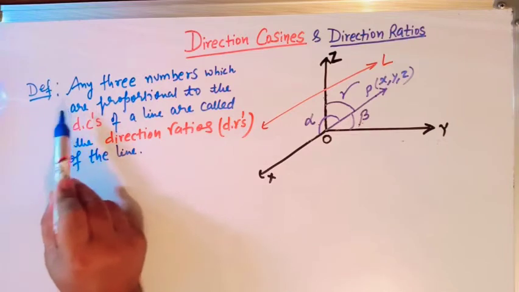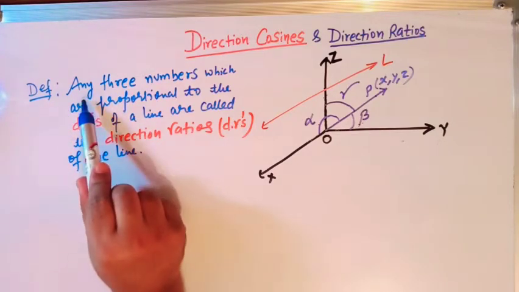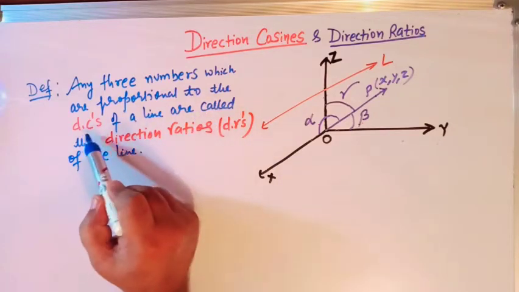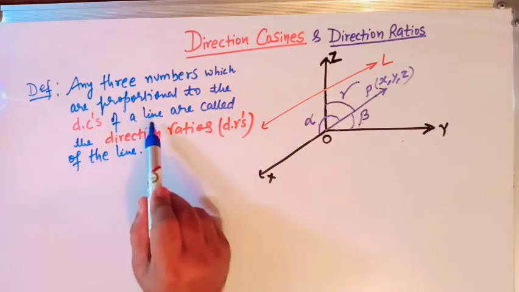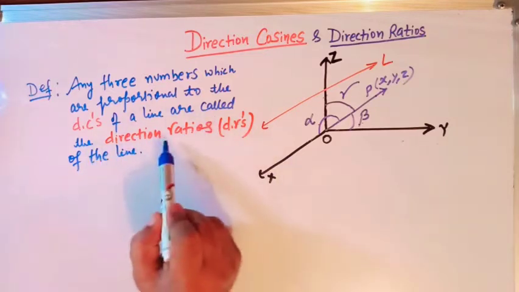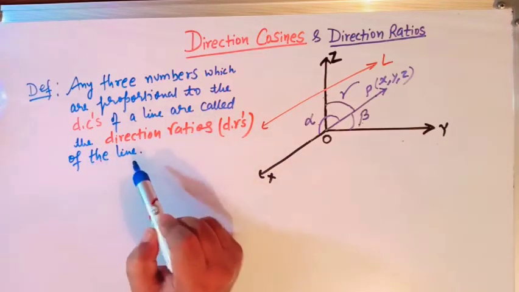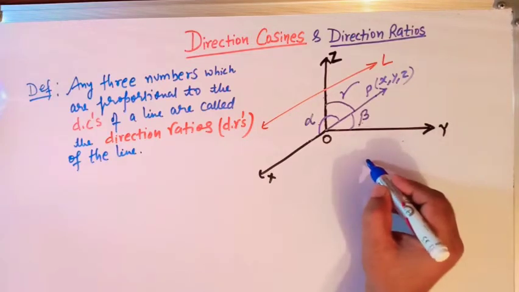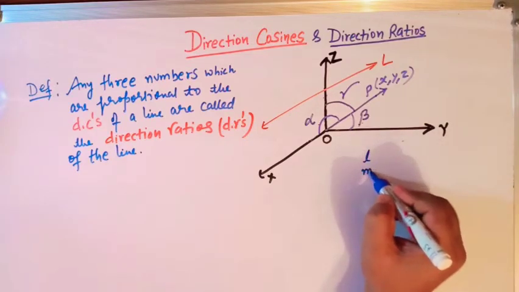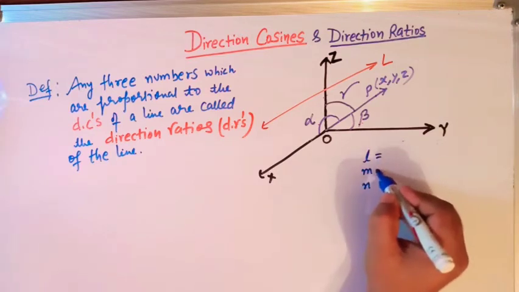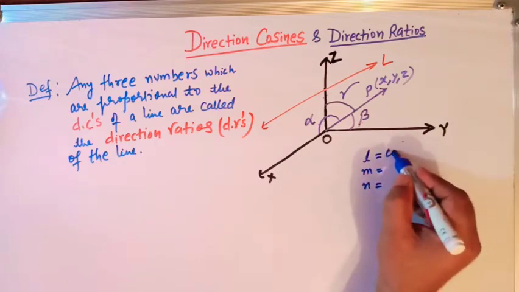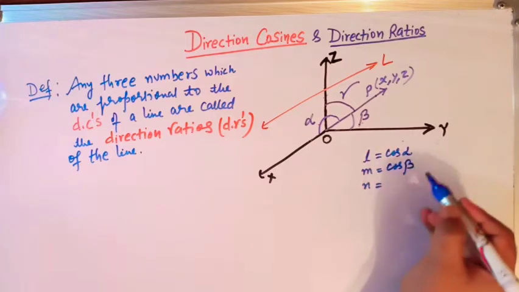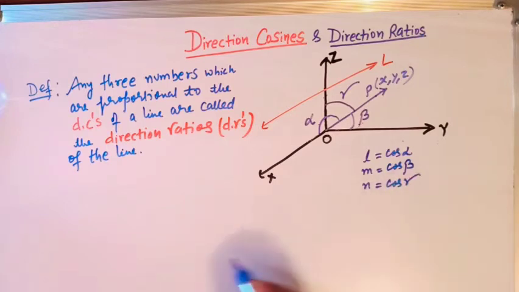Now the definition of direction ratios is any three numbers which are proportional to the direction cosines of a line are called the direction ratios of the line. We have just read that the direction cosines are denoted by L, M and N, and L is equal to cos alpha, M is equal to cos beta, and this is cos gamma, right?